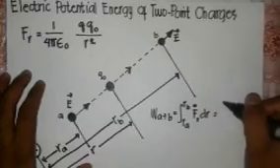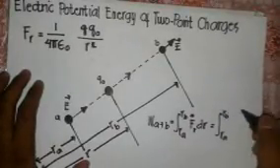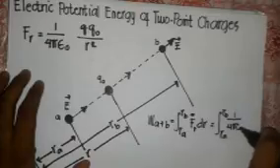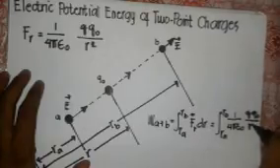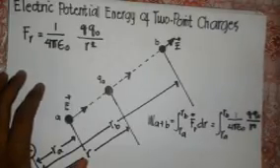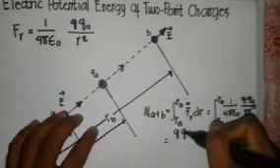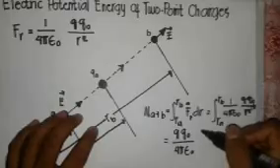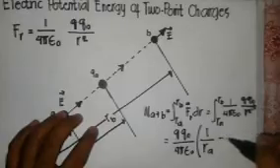This is equal to the integral from r sub a to r sub b of 1 over 4 pi epsilon naught, q q naught over r squared dr. And then we got q q naught over 4 pi epsilon naught times 1 over r sub a minus 1 over r sub b.